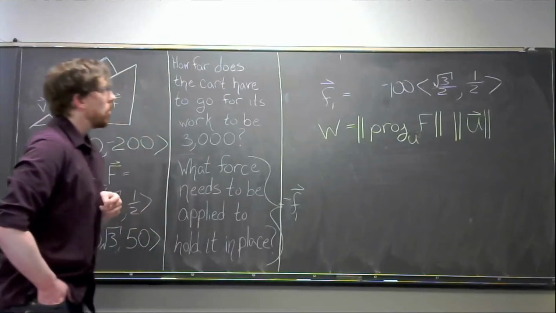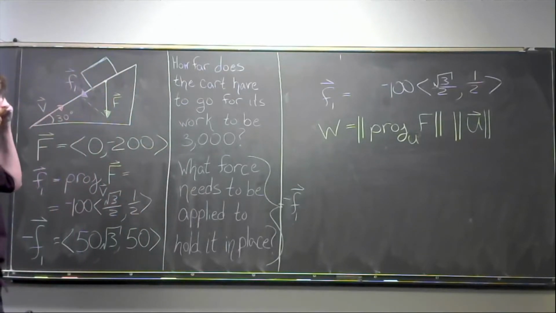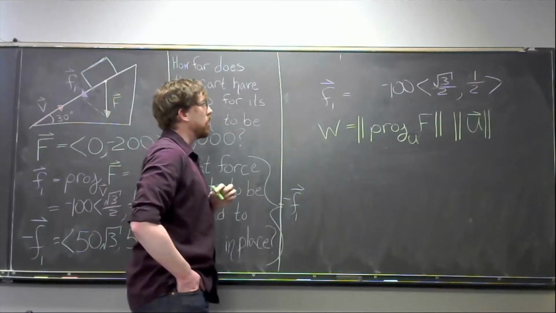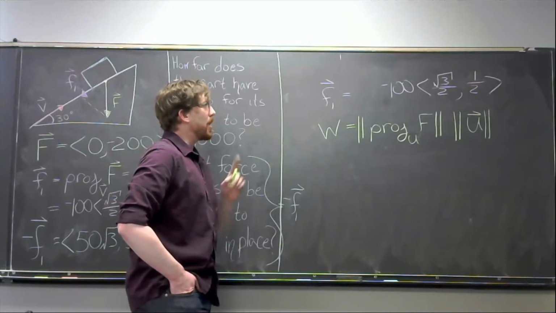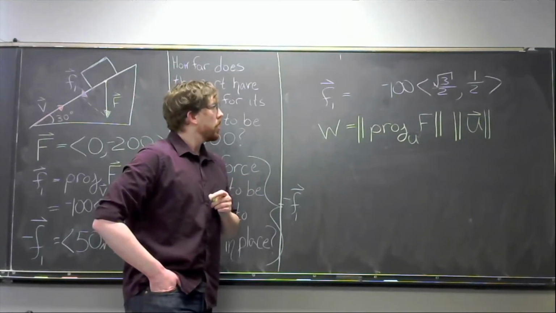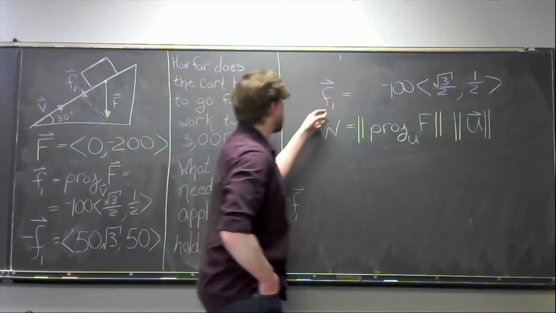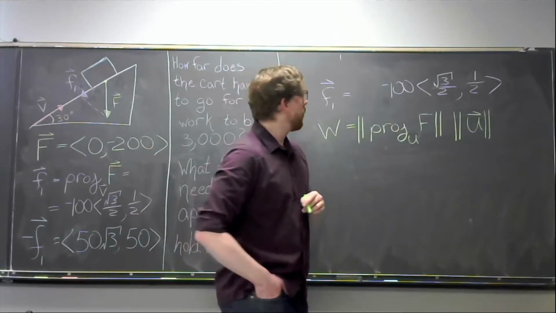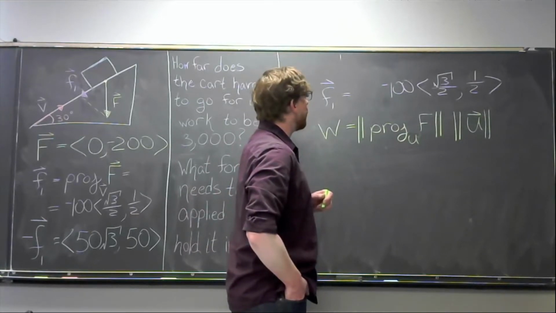So we know our vector is in the direction of V. And we know that the projection of our force onto it is going to be negative 100. Okay, cool.